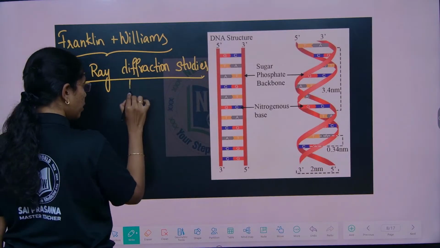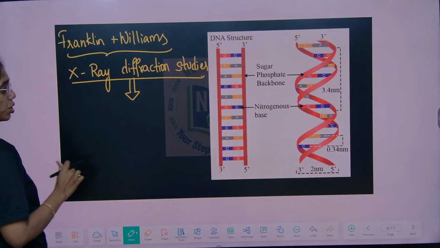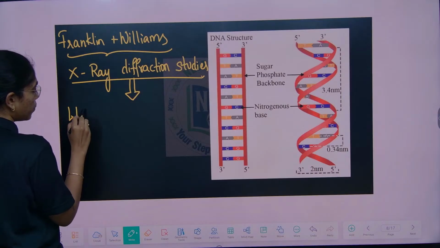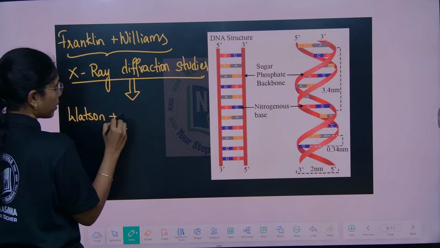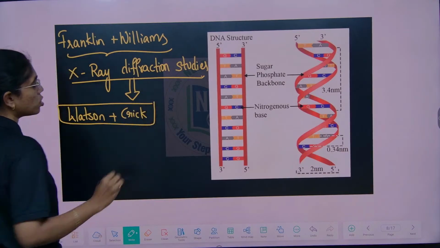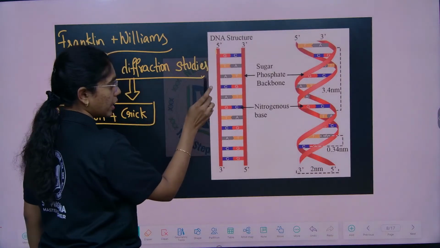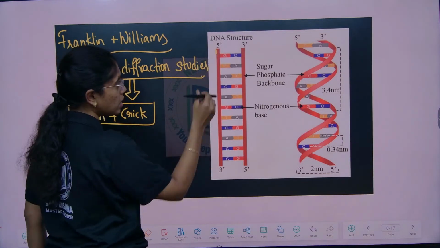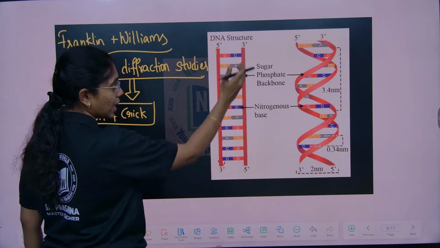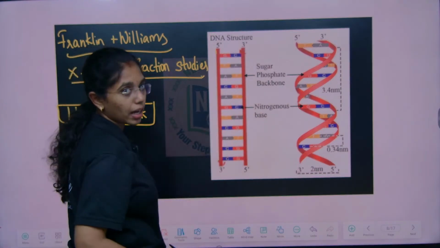Then, taking these X-ray diffraction studies into consideration, the double helical model is proposed by Watson and Crick. They have proposed the double helical model which says that of the 2 single stranded DNAs, one strand will be running from 5 prime to 3 prime and the next strand will be running from 3 prime to 5 prime, which are anti-parallel to each other.